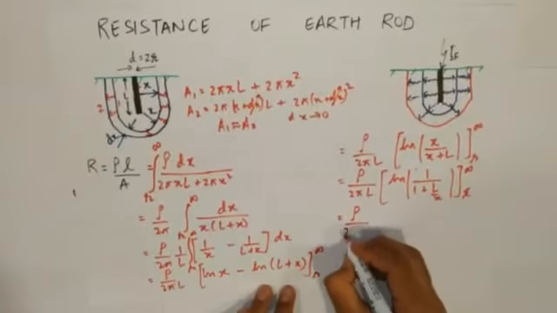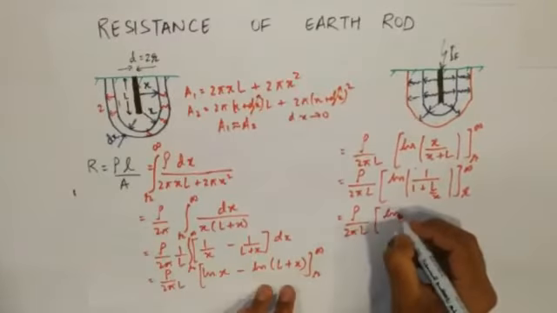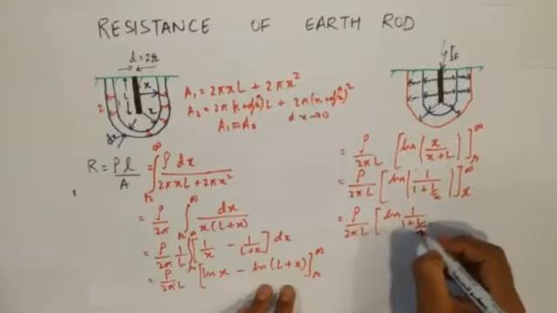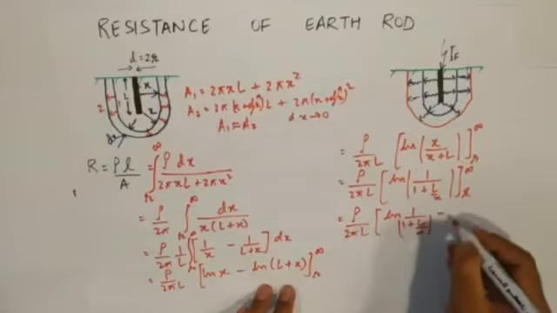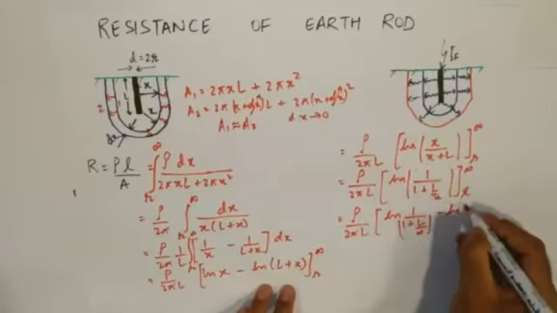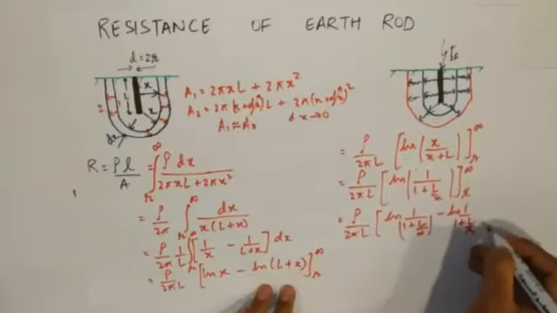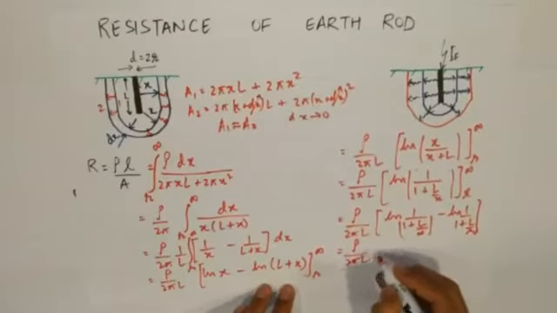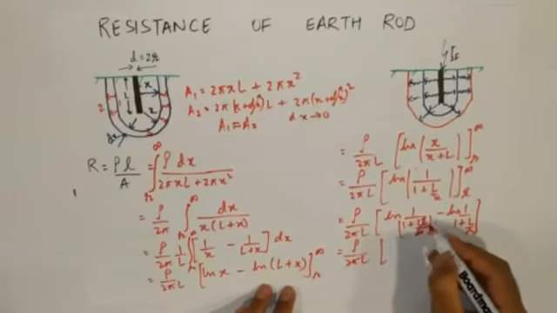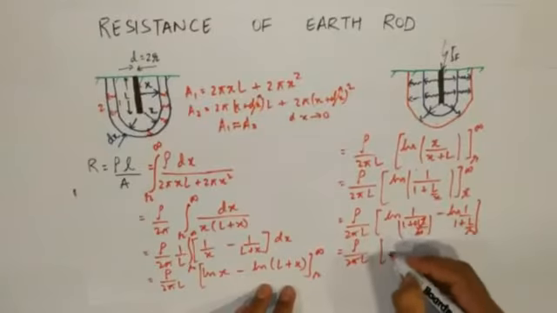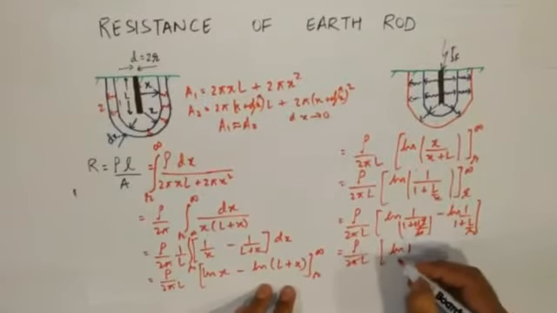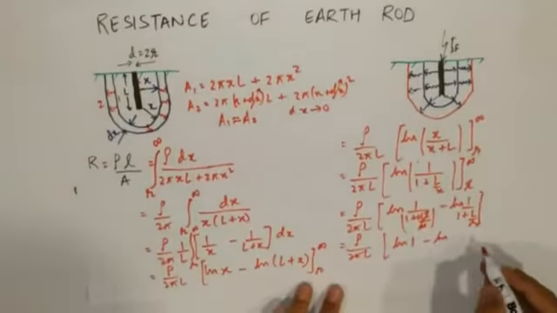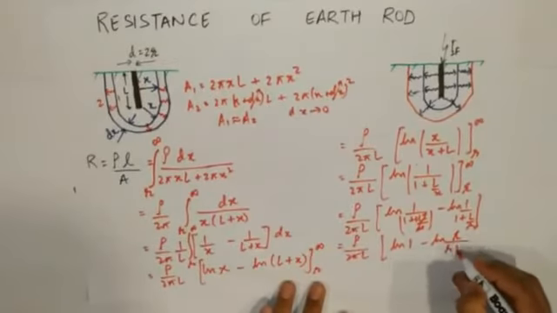So if you put the limit, it will be rho upon 2 pi L, ln of upper limit first, here it will be 1 upon 1 plus L by infinity, and minus, it will be 1 upon 1 plus L upon R. Now L by infinity is 0, so 1 upon 1 plus 0 is 1 only, so ln 1 minus ln, if you solve this, it will be R upon R plus L.